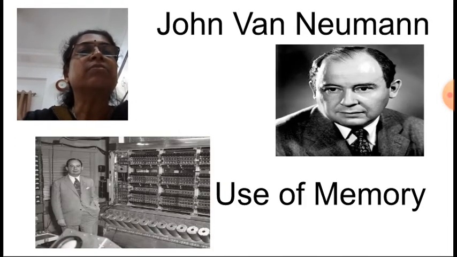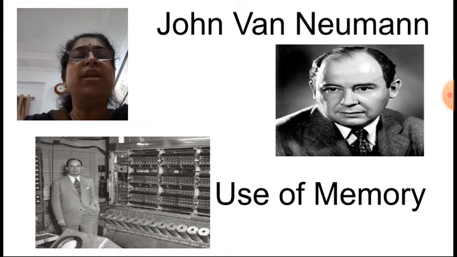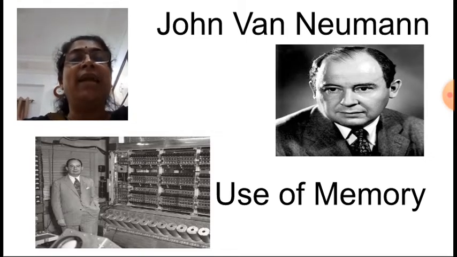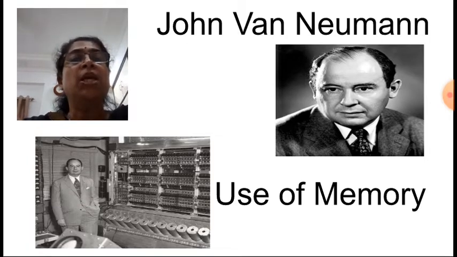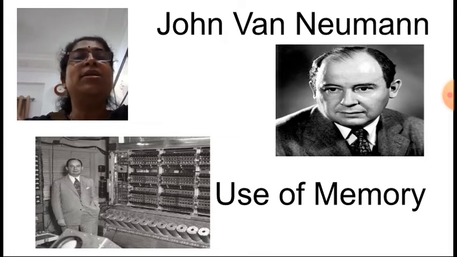Now, after that, somewhere in 1940, John von Neumann introduced a system in which he used binary numbers to store in the memory of the computer. He also used memory to store the program and the instructions or the data. Use of memory he introduced.